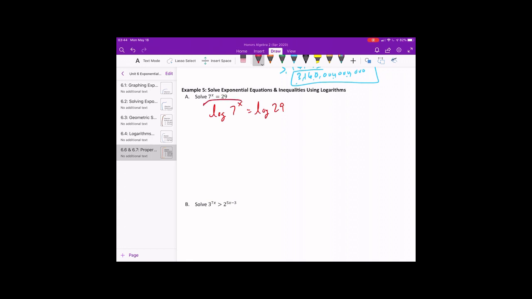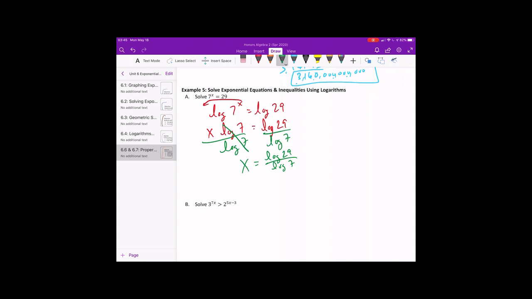This x is now able to come down in front, and I get x log of 7, not log base 7 here, is equal to log of 29. And then I can divide both sides by log of 7. That part cancels. So x is equal to log of 29 divided by log of 7.